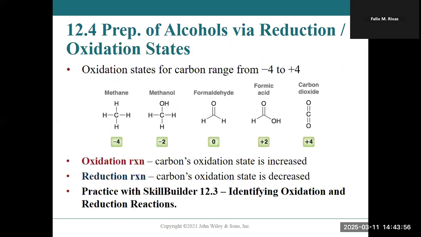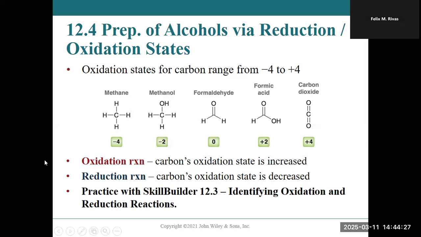This is just briefly mentioning that methane has an oxidation state of -4, and if you go to the opposite end, right, you end up with an oxidation state of +4. What I care for the exam here is that you know that as you increase the number of oxygens from methane to methanol, formaldehyde, formic acid, and carbon dioxide, and also that includes increasing the bonds to oxygen, you're oxidizing the molecule.